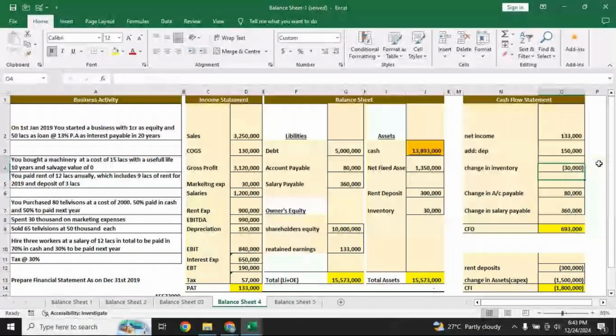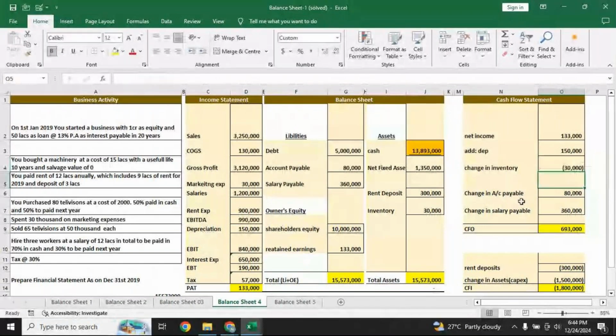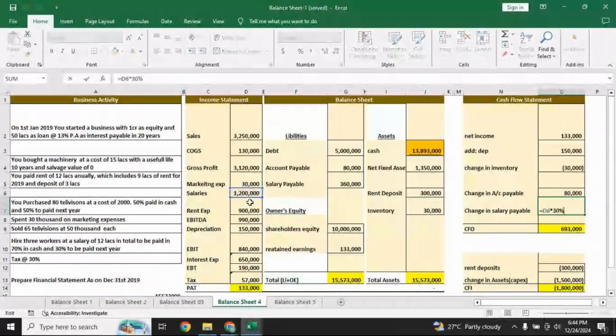Minus into plus minus. So account payable is, I am supposed to pay 80,000 rupees. Salary payable. So 70% I'm paying in cash and 30% will be paid later. So this salary payable will be on 12 lakh rupees, 30% I'll be paying it later.